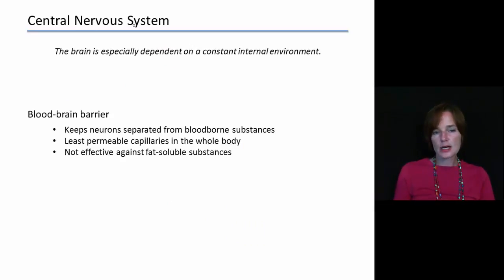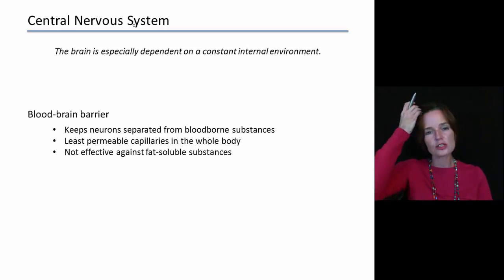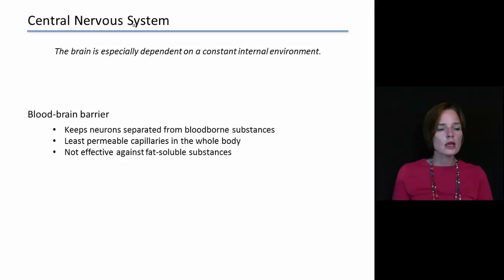The brain is especially dependent on a constant internal environment. So it's really important that we maintain homeostasis and keep that constant internal environment. We do have what's called the blood-brain barrier. That blood-brain barrier keeps the neurons separated from blood-borne substances, protecting the neurons from them.